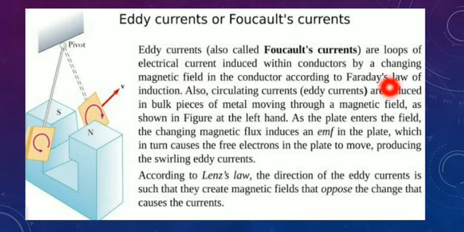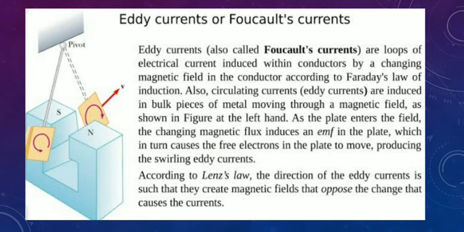Circulating currents are induced in a bulk piece of metal moving through the magnetic field, as shown in the figure at the left. As the plate enters the field, the changing magnetic flux induces an EMF in the plate, which in turn causes the free electrons in the plate to move, producing swirling eddy currents.